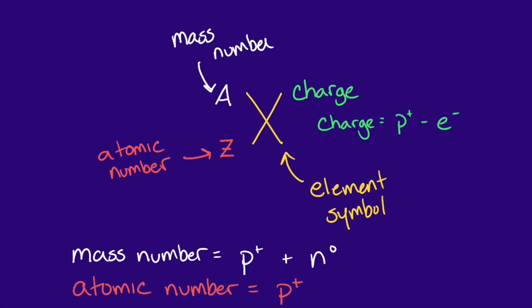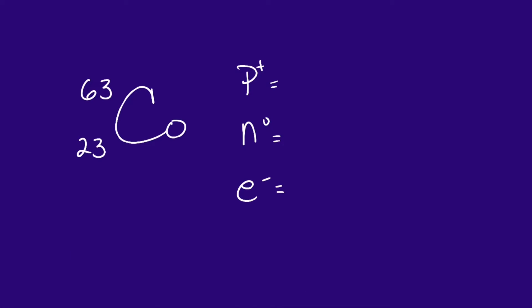Therefore, the overall charge of the atom is dependent on the balance of protons and electrons. If there's no charge for an atom, that is to say if the atom's charge is neutral or 0, then you won't see a charge written in this position. So let's look at an example.